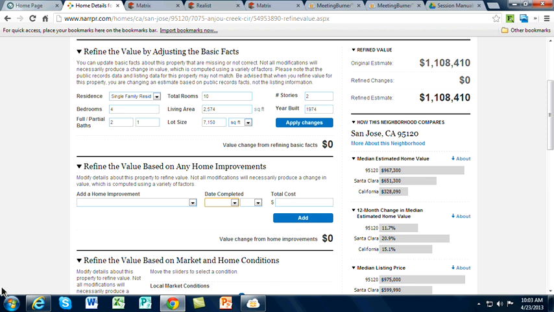We would put in the month and day it was completed and the cost that they spent on it, and using the cost versus value data of what remodels look like when you sell property, it would come up with a nudge for the remodel, right? A nudge.